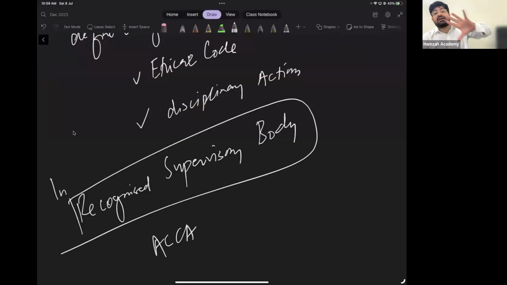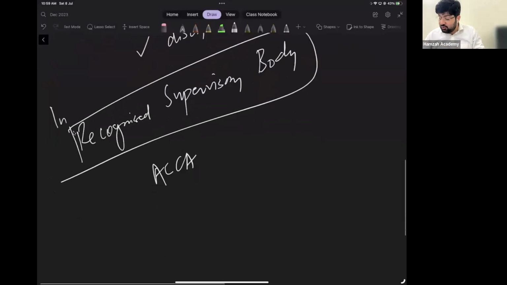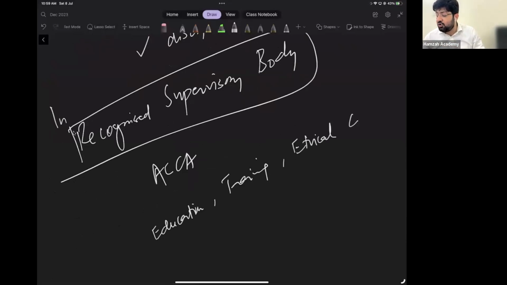Their members are recognized, a member of ACCA can do audit. ACCA monitors its members. Their CPD, there is education. You are studying, training, ethics, ethical code. There is a practicing license. There is CPD, continuous professional development requirements. And again, there is disciplinary action as well.